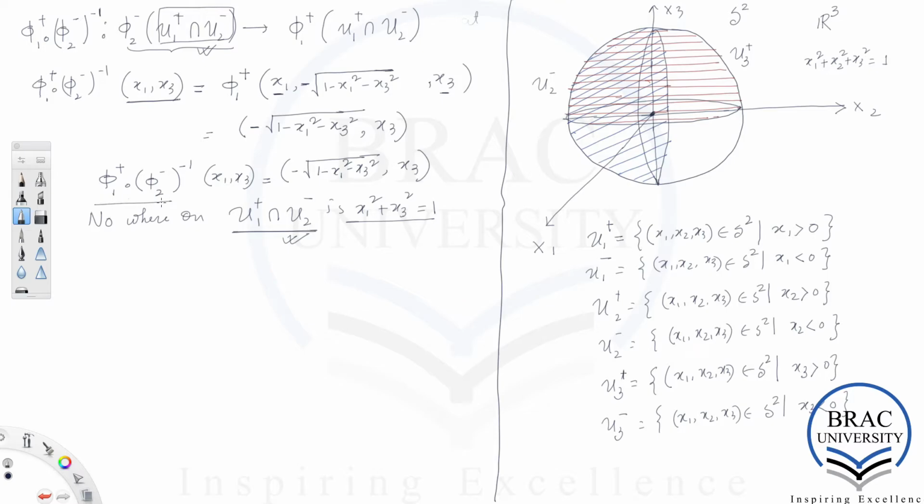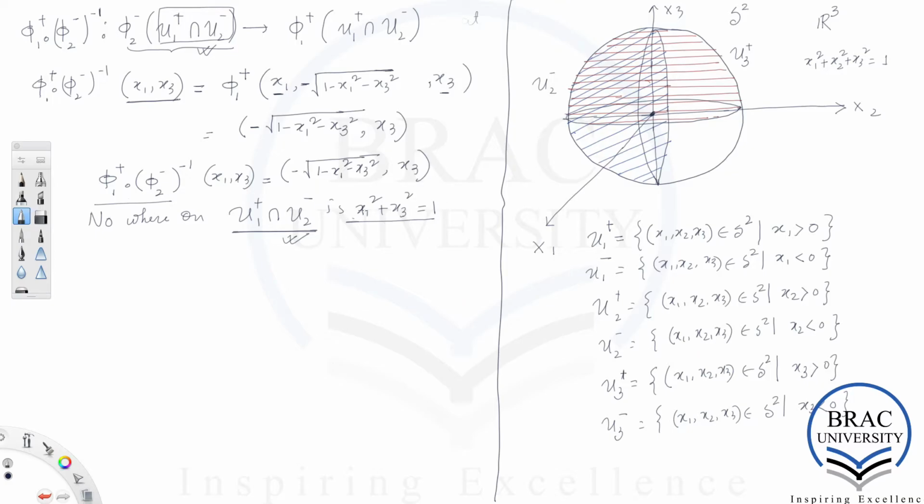Why? Because when you try to differentiate it with respect to x1 or x3, you'll have the square root of this expression appearing in the denominator, and if x1 square plus x3 square is equal to 1, the expression is going to blow up on the circle.